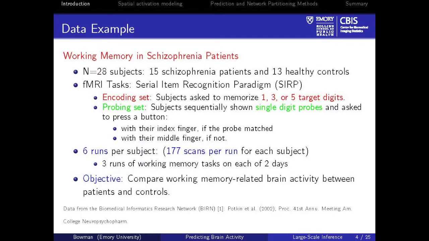Subjects were instructed to respond with a button press using their index finger if the probing digit matched one of the digits in the encoding set, and their middle finger otherwise. Naturally, the 1 digit case for the encoding set is quite simple. You're shown a single digit, and then subsequently you're shown a series of digits, and you just have to click if it's a match or not.